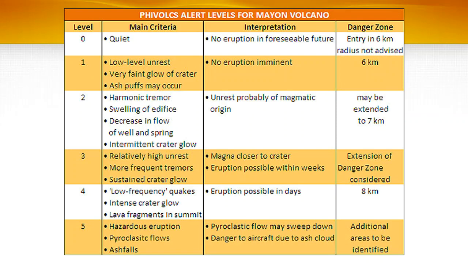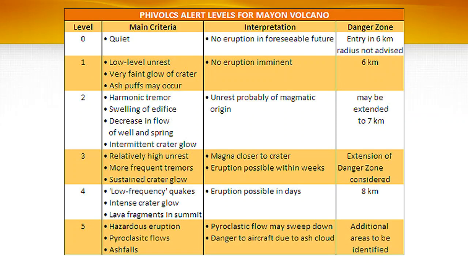The danger zone is the scope, the surrounding area of the volcano. For alert level 1, the criteria are low-level unrest, a very faint glow of the crater, and ash puffs may occur. As interpretation, no eruption is imminent, and the danger zone is within 6 kilometers.